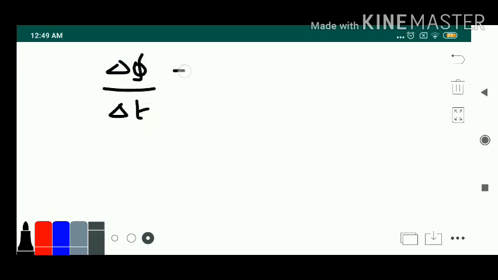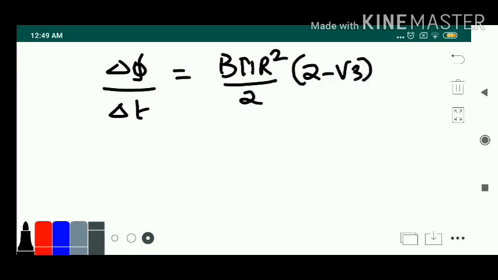I just found delta phi. How much did we find it as? B pi r squared by 2 into 2 minus root 3, divided by how many seconds it is covering? It is 0.2 seconds. Right, so it will be 2 by 10 here.